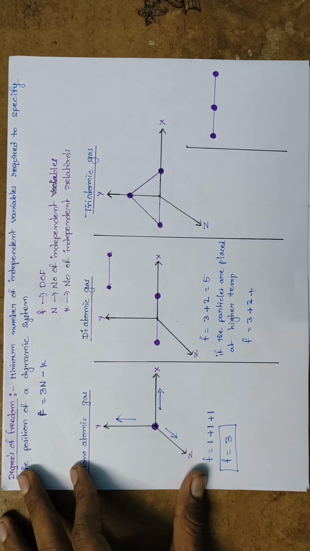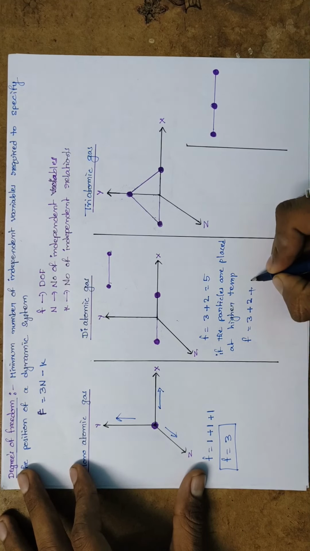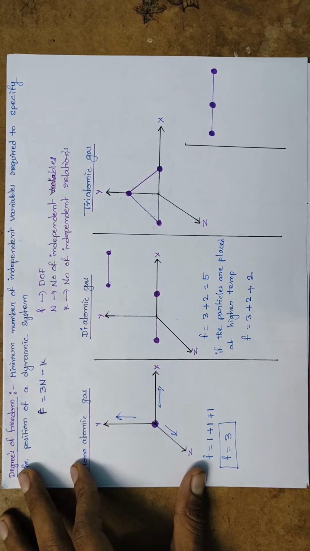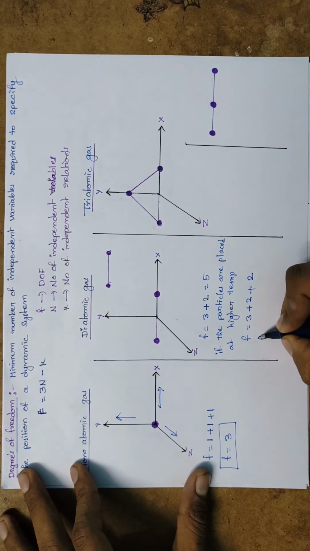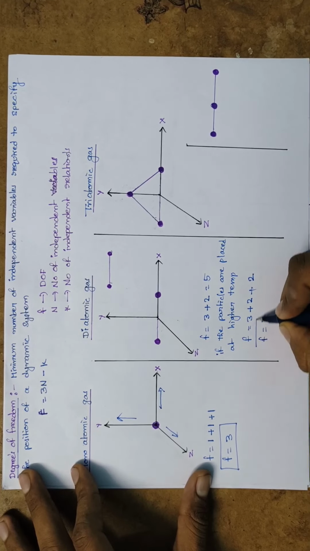Vibrational energy means we know that one is potential energy, another one is kinetic energy. So therefore 2 vibrational degrees of freedom are also possible. The net degree of freedom is equal to 3 plus 2 plus 2, that is equal to 7.